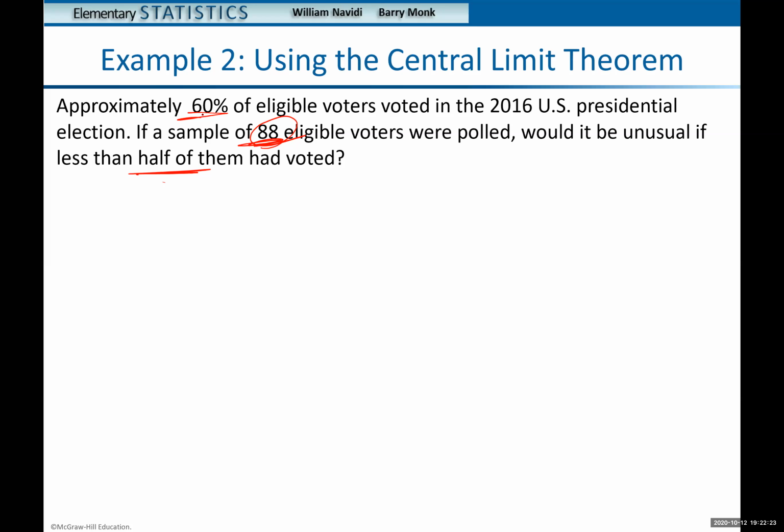So yeah, Chelsea's question about how to check if it's 7.2 or 7.4. The first thing is whenever you see percentage, automatically that is 7.4. Would it be unusual if less than half of them, meaning 50%, so that is proportion.